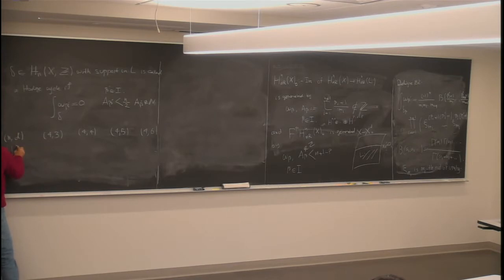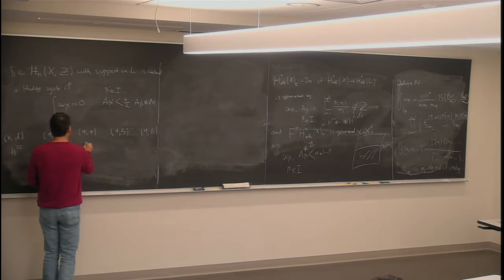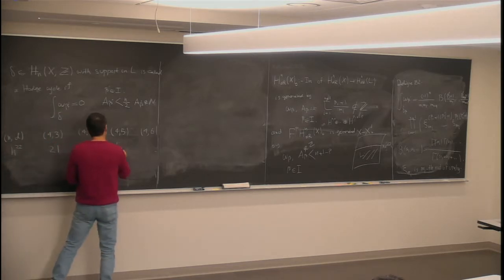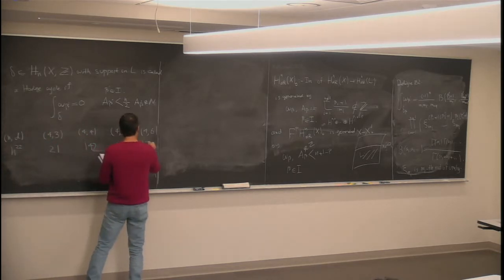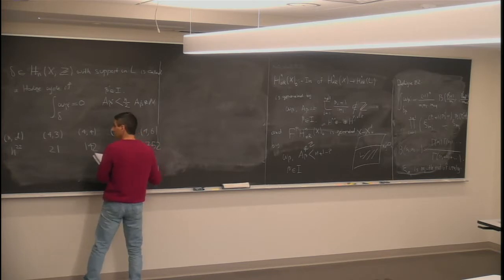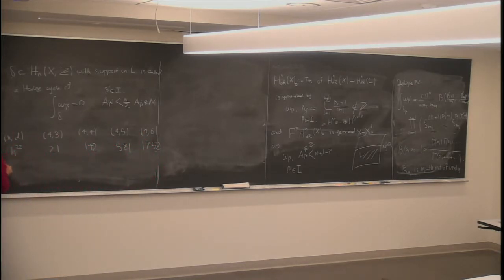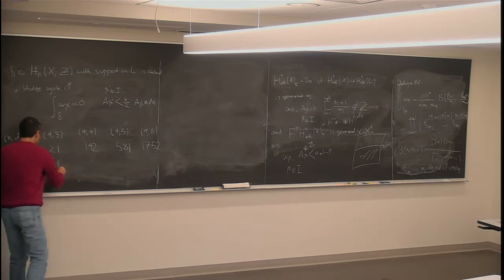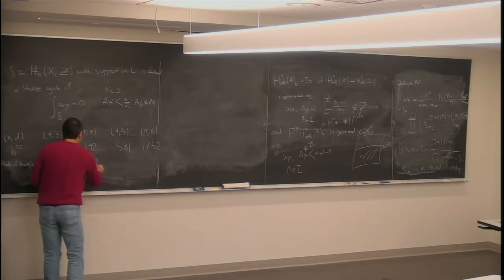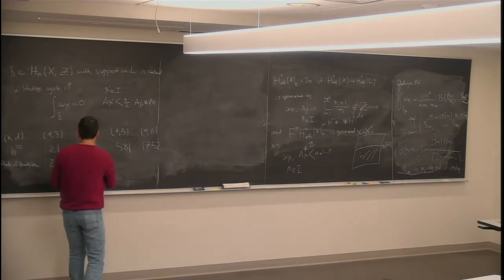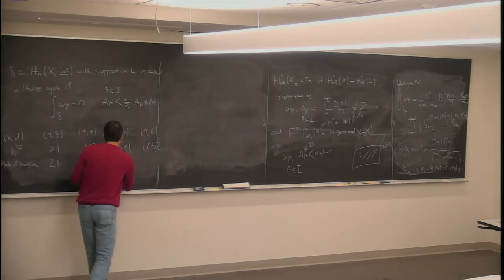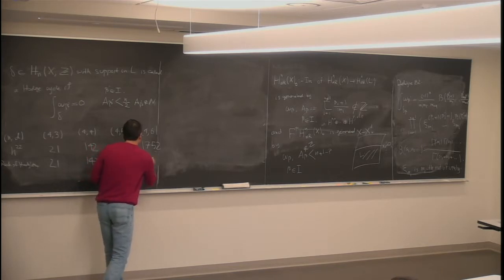So in this case, H22, the full H22, is 21,142,581,1752. Let's say the rank of the lattice is again 21,142,401, the same number.